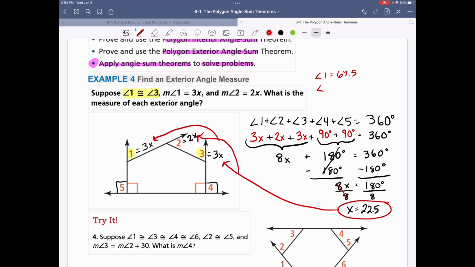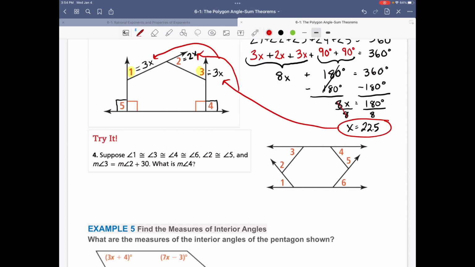Angle 3 is equal to 67.5. And then angle 2, that would be 45, 22.5 times 2. 45, and let's put degrees on all of these. And we already knew that angle 4 equals 90 and angle 5 equals 90 degrees. Figure that out by the picture.